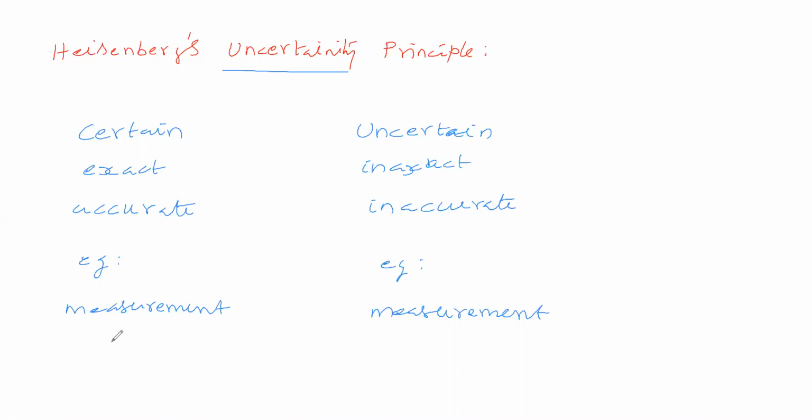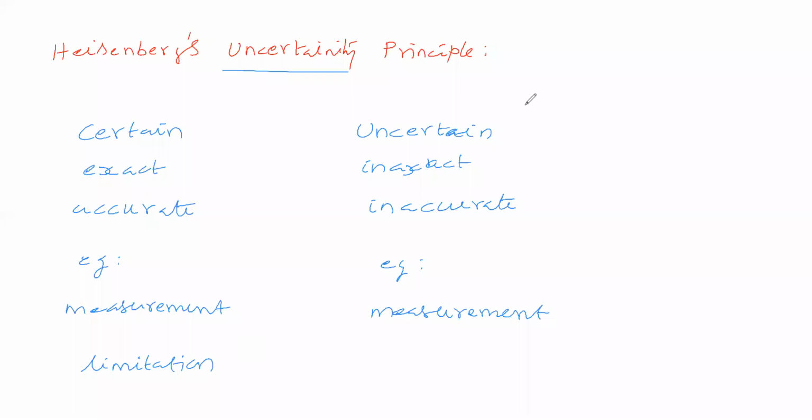Whatever measurement you take, that measurement will naturally have limitation. Without limitation, no measurement is there in day-to-day life, whether it is macro or micro or whatever the thing. Any measurement you take will have inaccuracy.